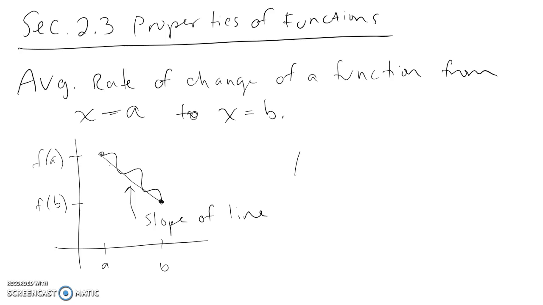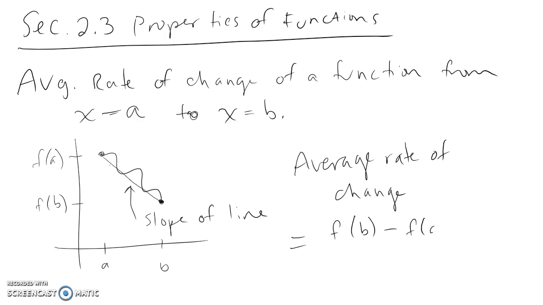The formula for the average rate of change is going to look very similar to the slope formula. You take the difference in the y-coordinates of the 2 points, so f of b minus f of a, and divide that by the difference in the two x-coordinates of the points, b minus a. Notice its similarity to slope.